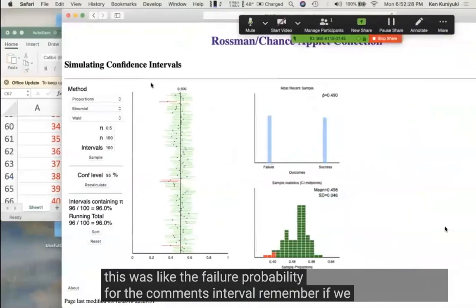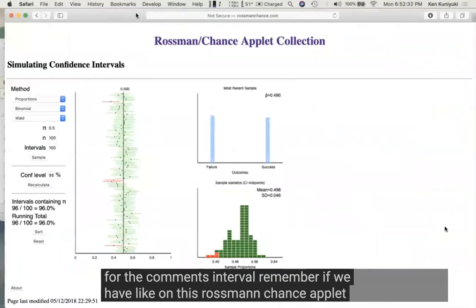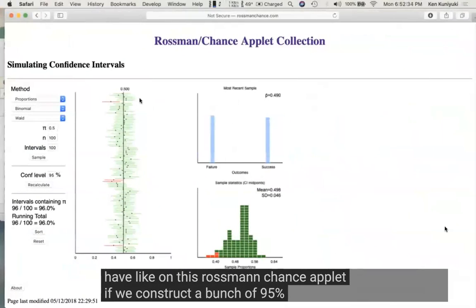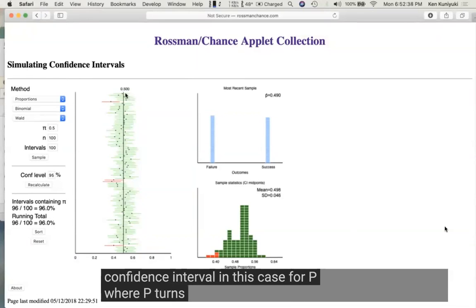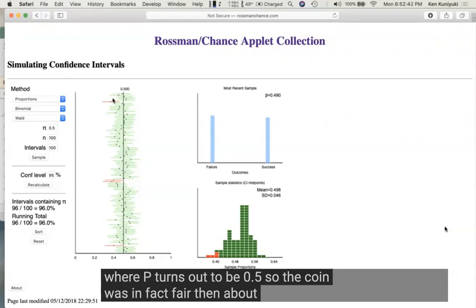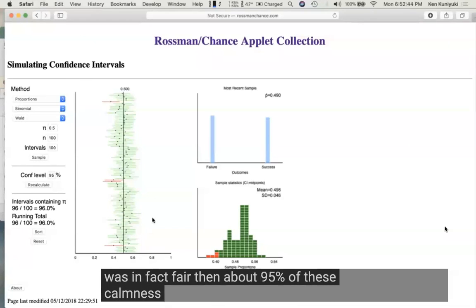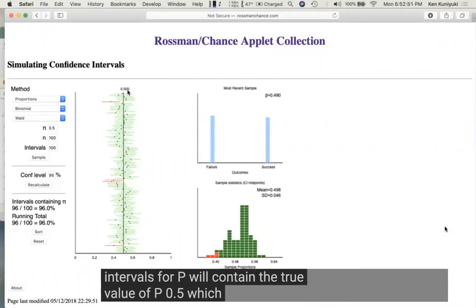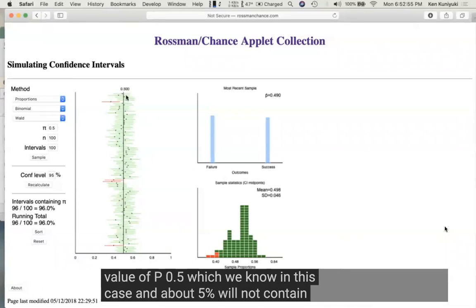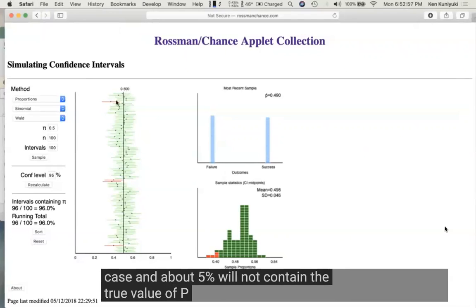Remember, if we have, like on this Rossman chance applet, if we construct a bunch of 95% confidence intervals, in this case for p, where p turns out to be 0.5, so the coin was in fact fair, then about 95% of these confidence intervals for p will contain the true value of p, 0.5, which we know in this case, and about 5% will not contain the true value of p.